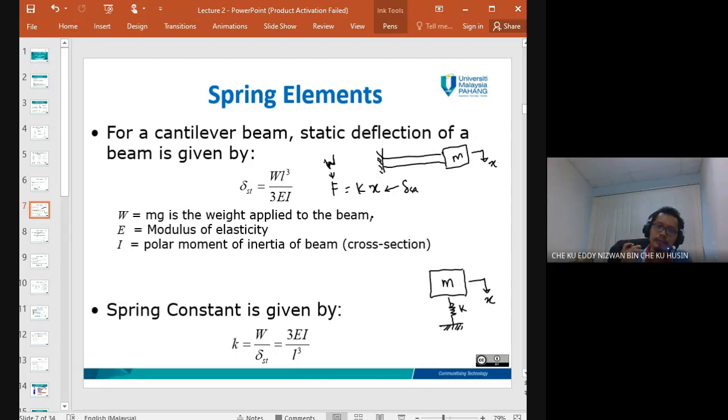The mass depends on the value in kg, and for the stiffness you have to consider the equivalent stiffness. For the cantilever beam itself, the equivalent stiffness depends on the direction of motion. If it moves vertically there is one stiffness value, and if it moves horizontally it has a different stiffness.